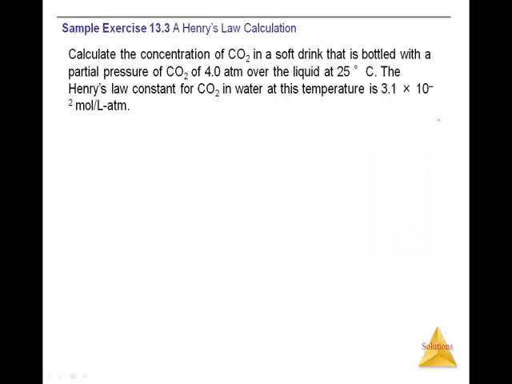Okay, so we want to know the molarity, or the solubility of the gas, and what we know is that's K times the pressure. So the pressure is 4.0 atm, and the Henry's law constant is 3.1 times 10 to the minus 2 moles per liter atmospheres.